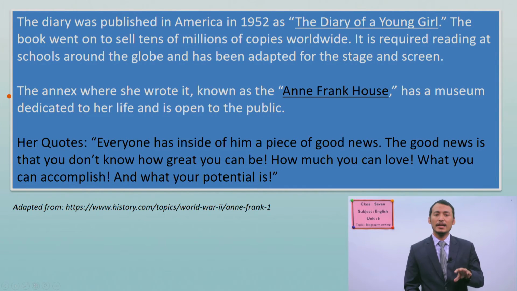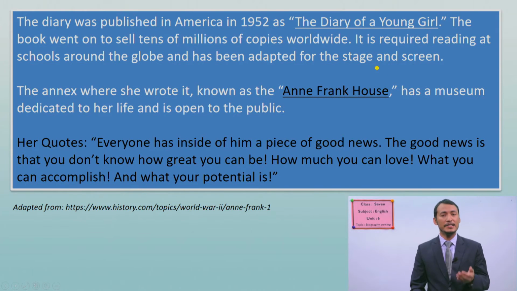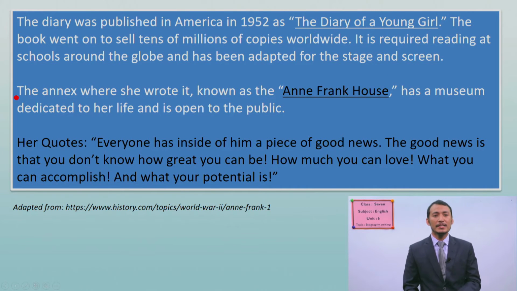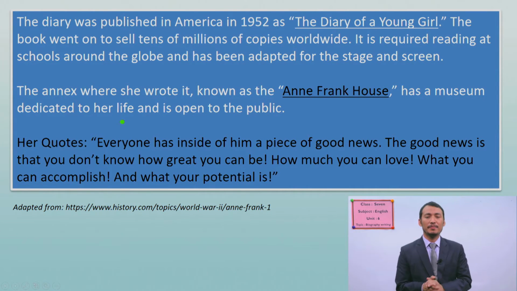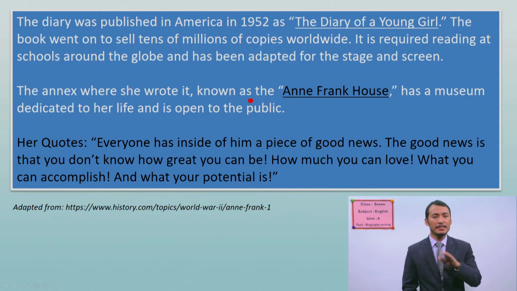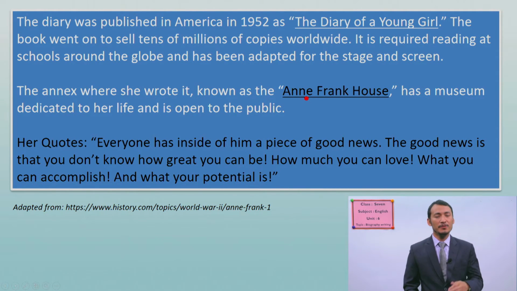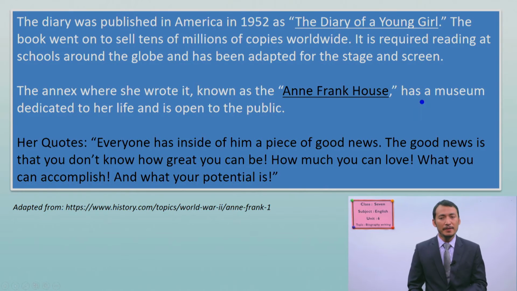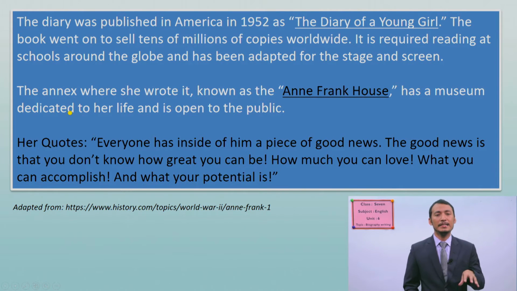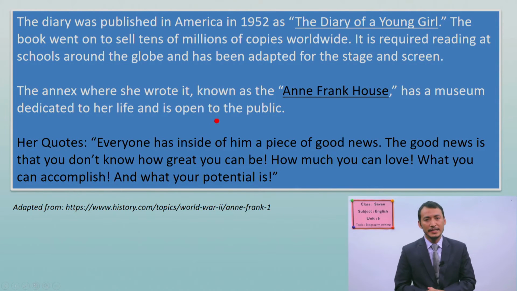Now it is read in schools, and it even appears in theaters. There is an annex where she wrote it. Annex means the place where she stayed and wrote the diary. Now it has become a museum, and it reminds us of her dedication, her life there, and her diary writing experience.